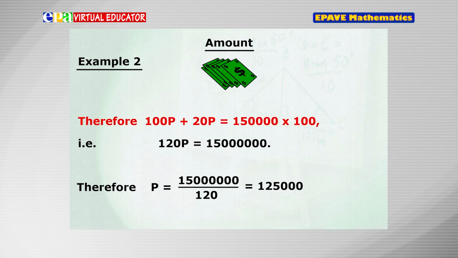Therefore, 100P plus 20P equals 150,000 multiplied by 100. That is, 120P equals 15 million. Therefore, P is equal to 15 million divided by 120, which gives 125,000.